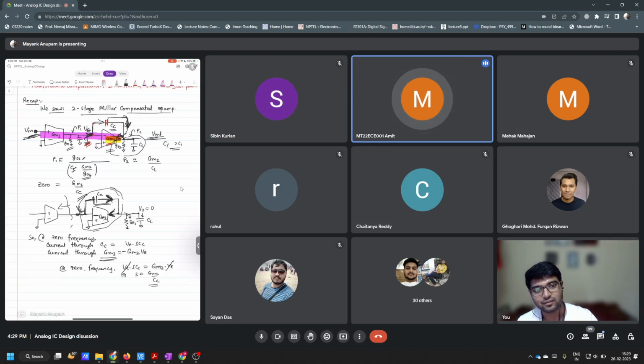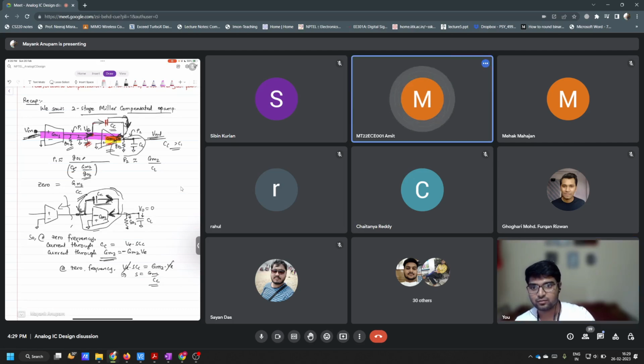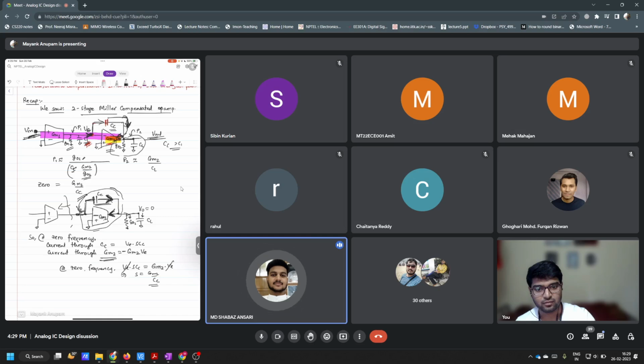In assignment two there is also zero equal to GM2 by CC. Yes, zero is GM2 by CC only. I think you forgot to convert radian to hertz. GM2 by CC is in radian per second. You have to convert by dividing by 2 pi. Then you get hertz, but they ask in megahertz.